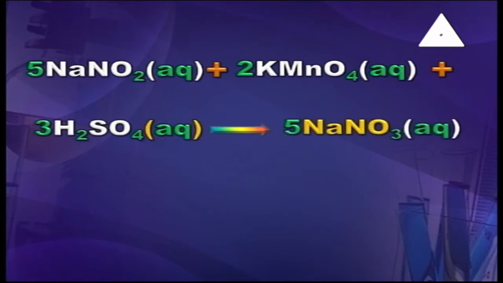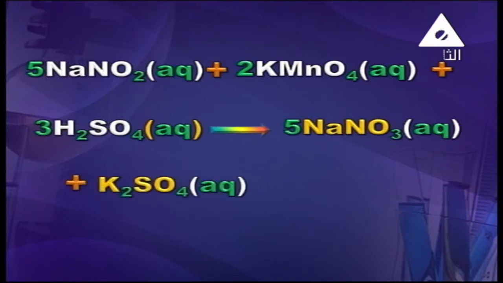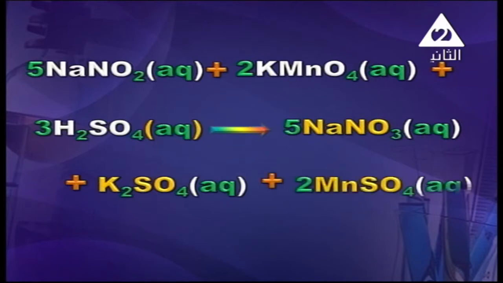Give me NaNO3, sodium nitrate, also potassium sulfate K2SO4 and MnSO4, manganese sulfate. All of them are formed in this reaction. You add water, a molecule of water will be evolved.